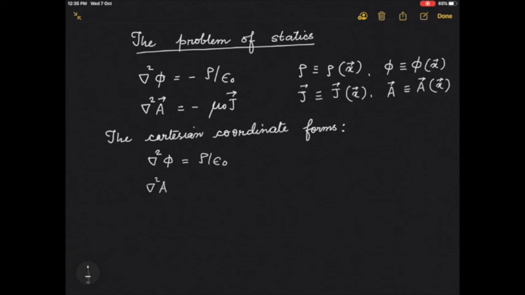I get grad square of the x component of A equals minus mu 0 jx.